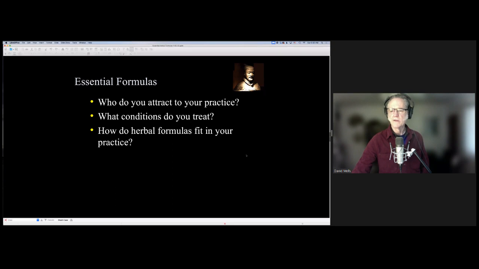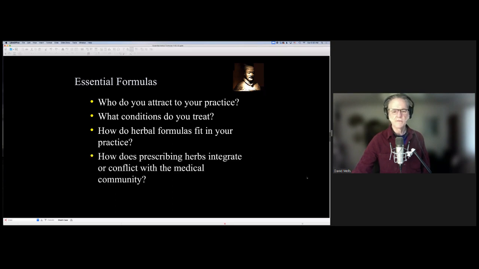And Taiwan, Japan, fantastic. Okay, so in prescribing herbs, this is a tricky thing because we are little small fish in an ocean full of whales and sharks. How does prescribing herbs integrate or conflict with the medical community in your area?